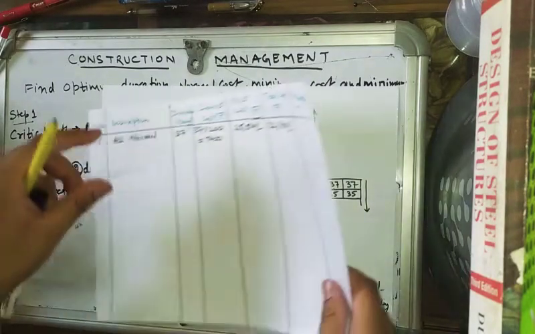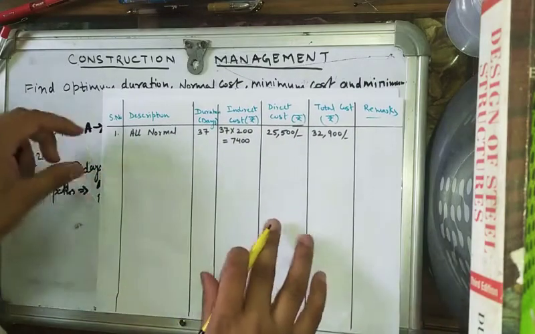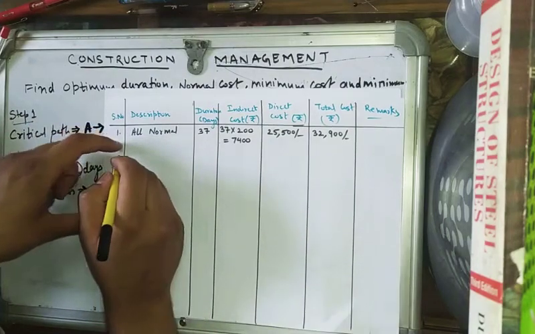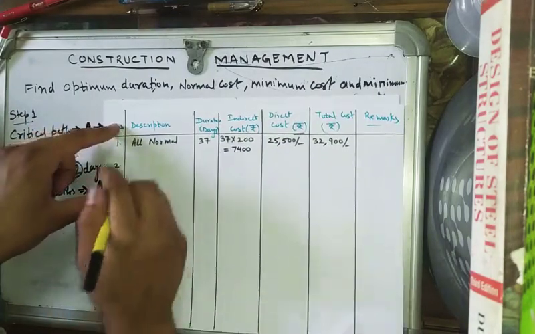So we'll fill up this table with what we have done in step 2.